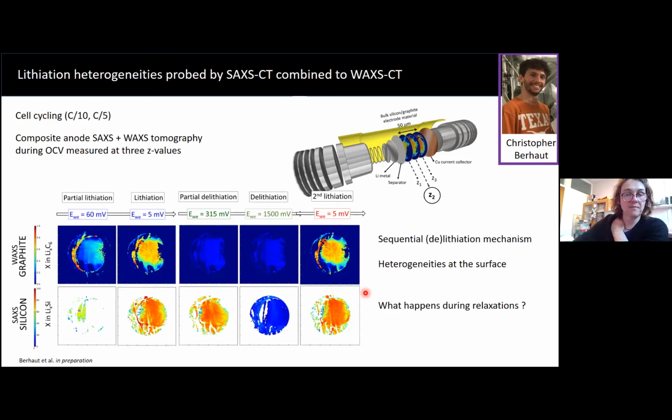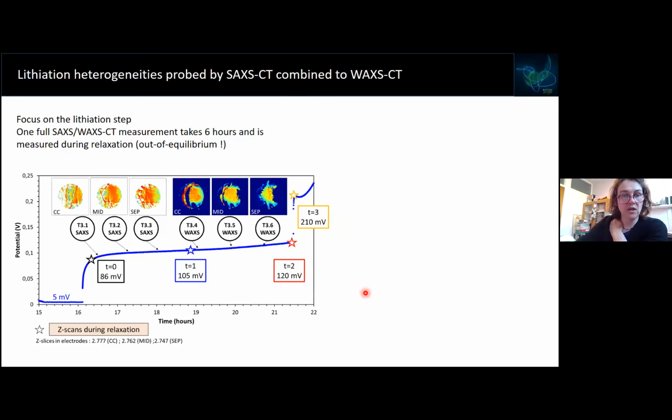In fact, experimentally, taking here the example of the sequence where we stop at 5 millivolts, we are lithiating our electrode, we stop, we pause electrochemistry, and we make the tomography measurements. The tomography is taking 1 hour, we have 3 of them to do in SAXS, and we have 3 of them to do in WAXS to get the full picture.